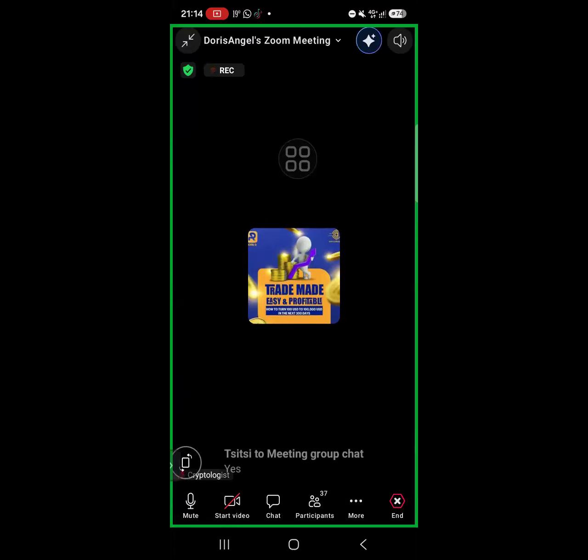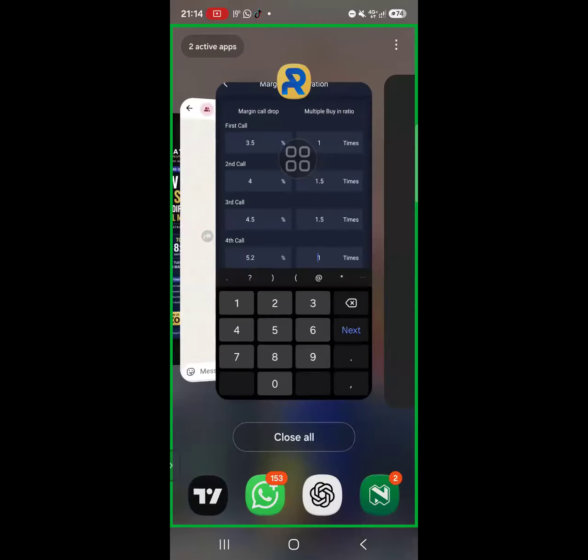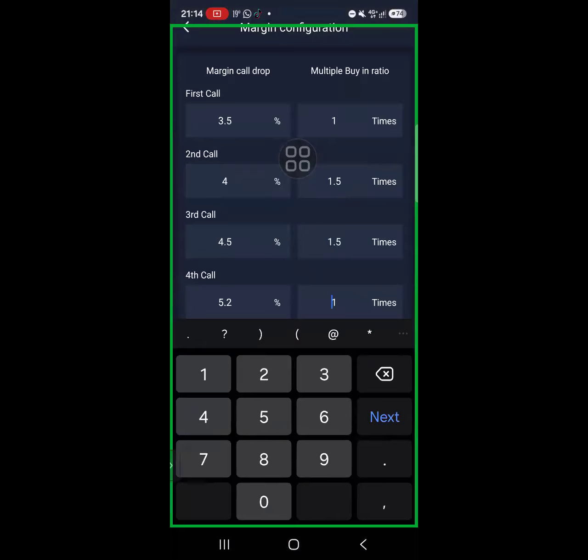What about someone who is having $100? We can still have a different approach to the $100.